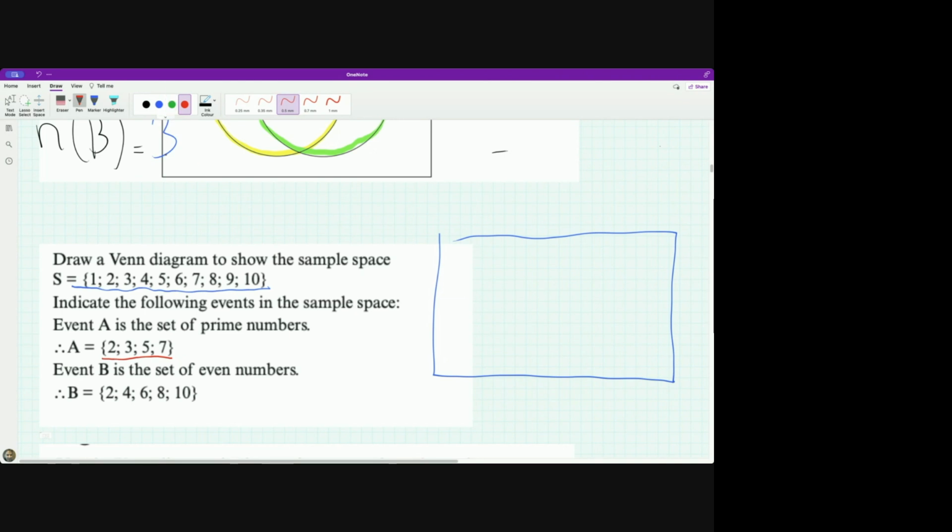You are given the event B of the even numbers. You need to draw a Venn diagram with those outcomes placed in the correct circles. So over to you. When you have done your Venn diagram, you are going to say done. And this one, you're going to fly solo. I'm going to get some water while you draw some circles.